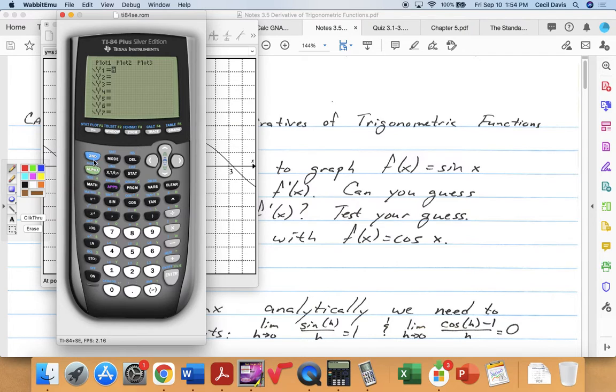So I want the graph of (cosine of x minus 1) over x. So cosine of x minus 1, which is not the same thing as cosine of x minus 1 over x. Graph that.